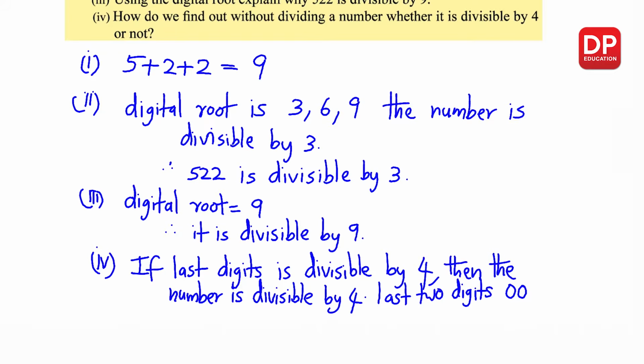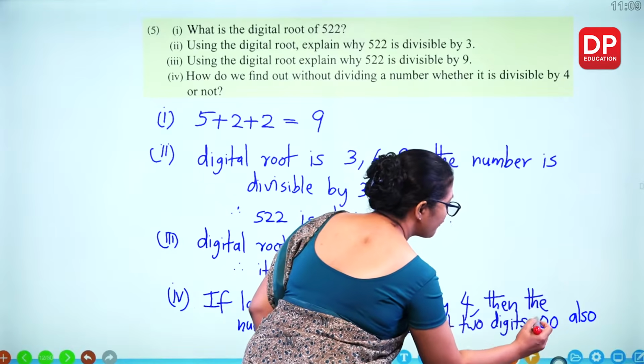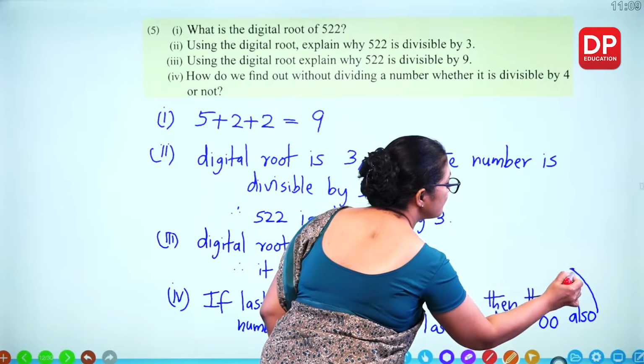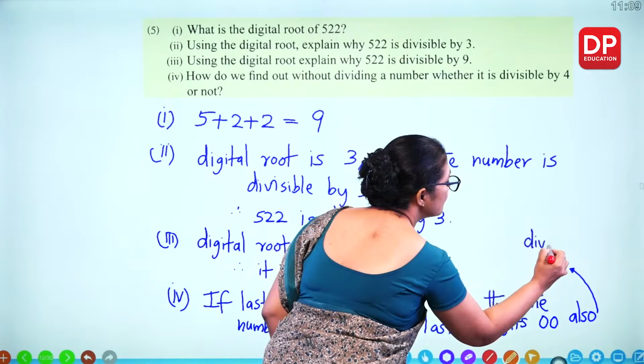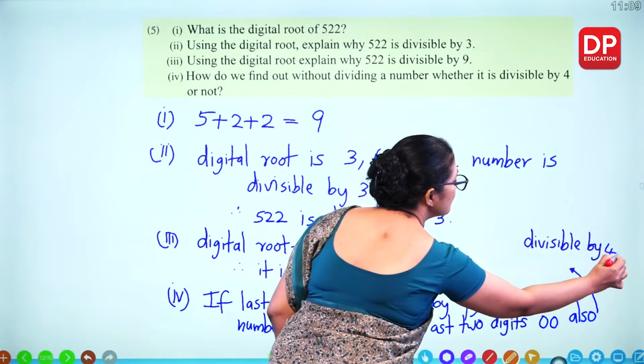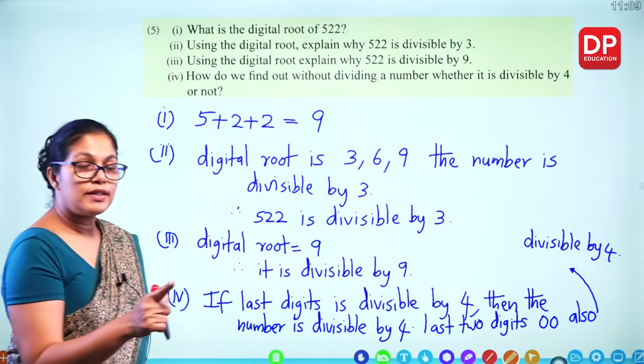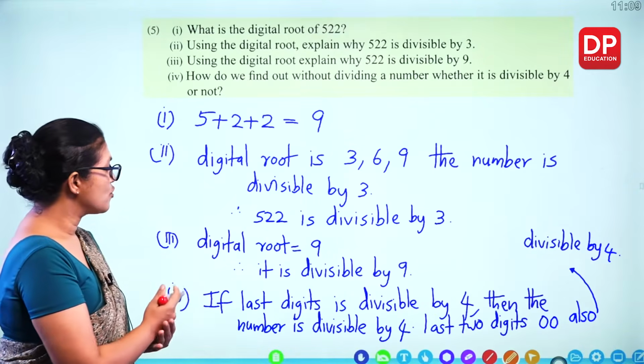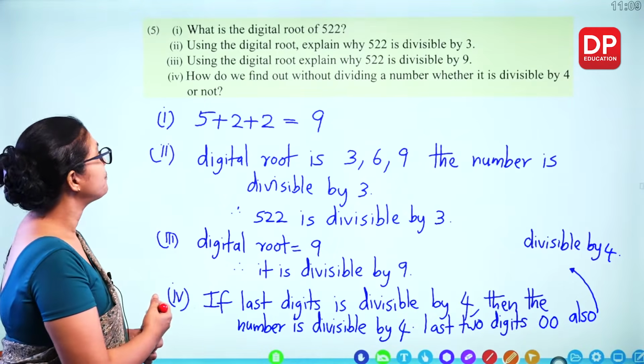I'll write it here. So either the last two digits are 0 or the last two digits are divisible by 4.